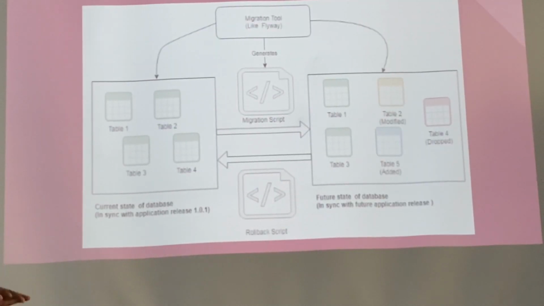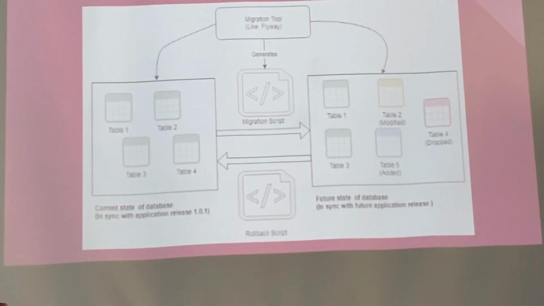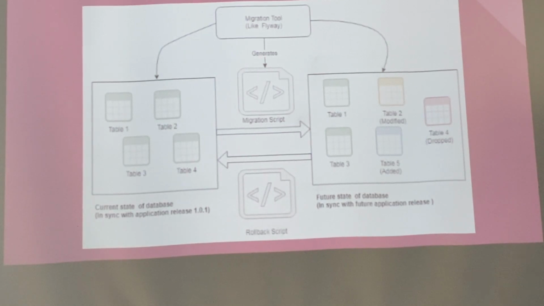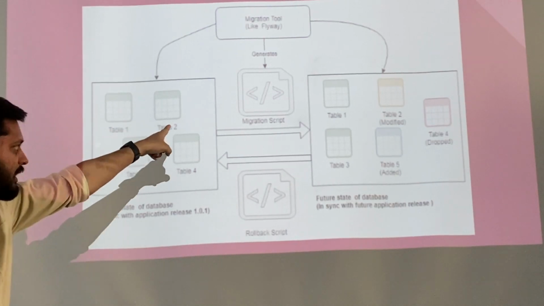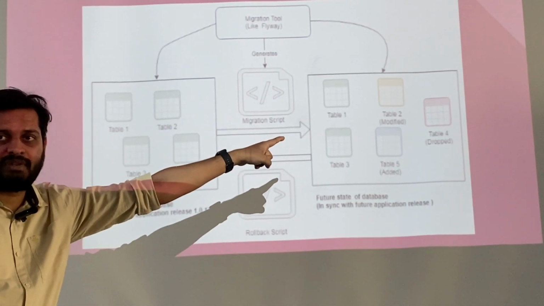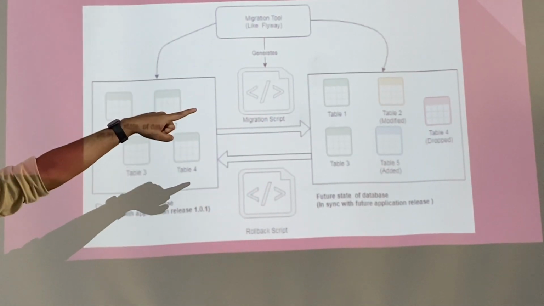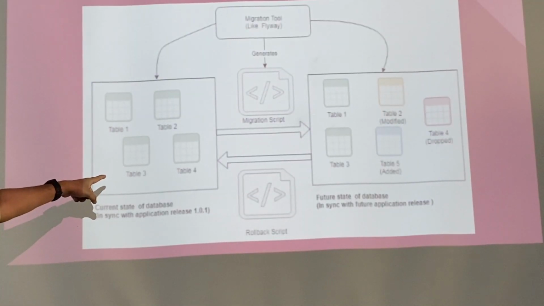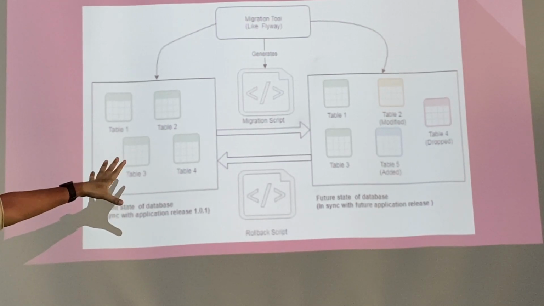So we'll create a migration script for everything: add table number 5, modify table number 2, and drop table number 4. We'll write migrations for each file. When we run that script, it will go into that state. If we run the rollback command, it will revert to this state. This is a very simplistic diagram.